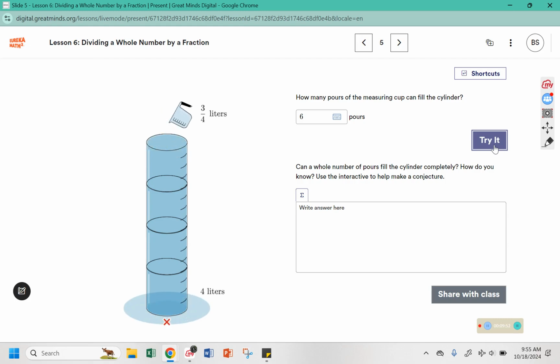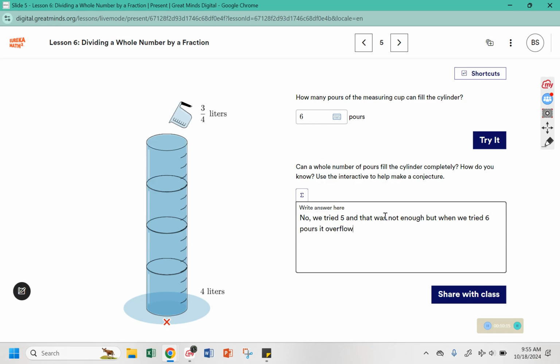Oh, 6 spills over. So can a whole number of pours fill the cylinder completely? No. How do you know? We tried 5 and that did not fill it. It's not enough. But when we tried 6, it overflowed.